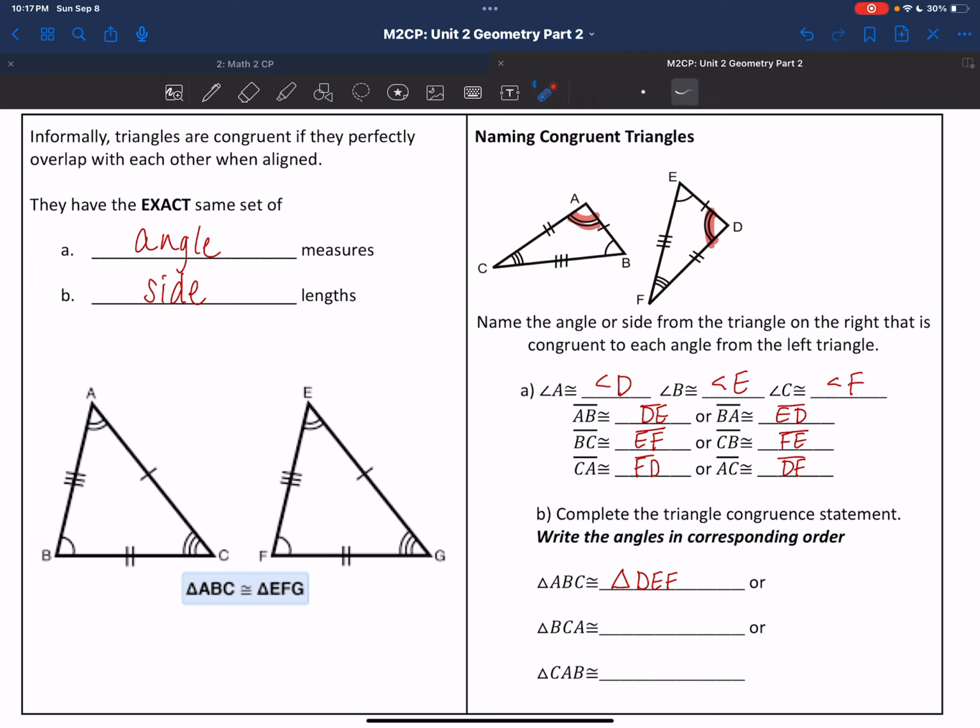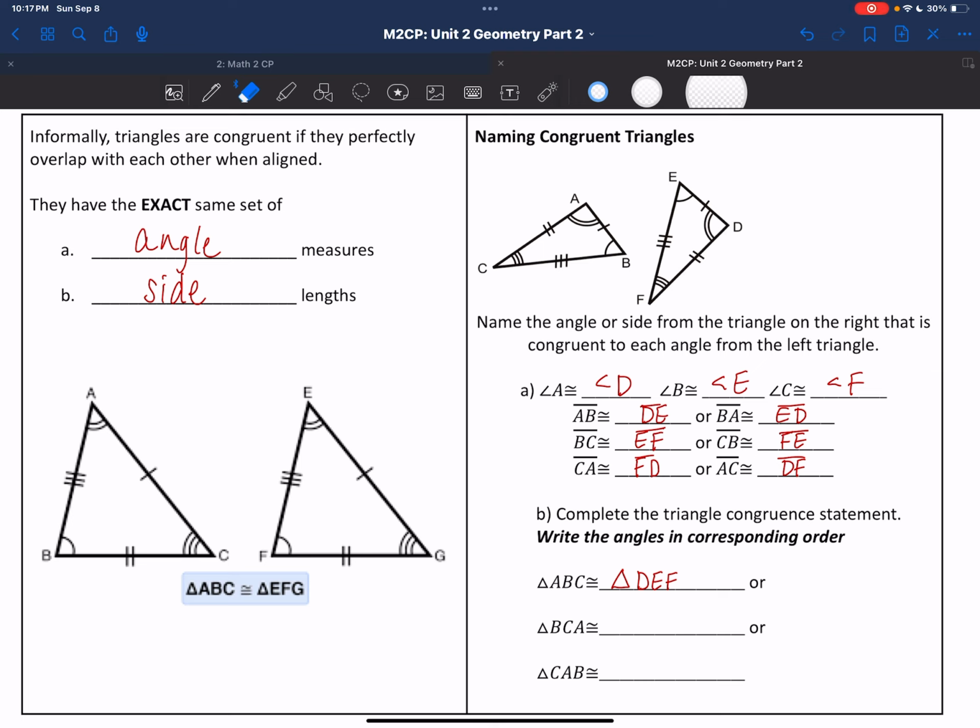And angle B is right here with 1 mark, is congruent to E, which is 1 mark. Angle C has 3 marks, congruent right there. So does F, so that's why it's congruent to F. So now, same thing while you're looking at your sides, it's important you read which ones match up.